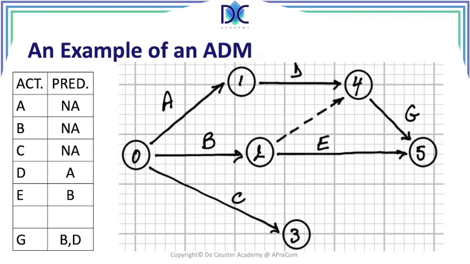So the dummy indicates that the activity G has two predecessors, activity D and activity B.